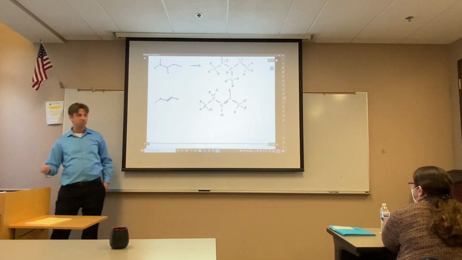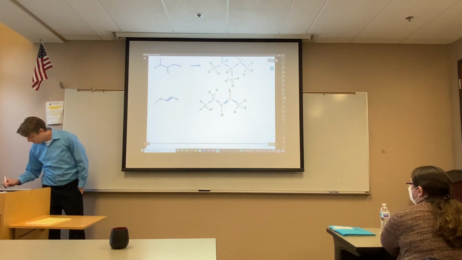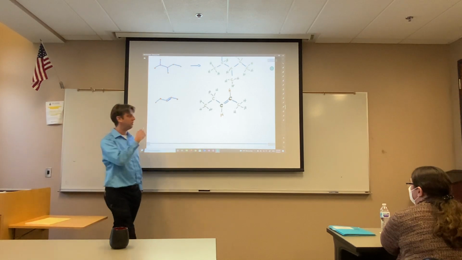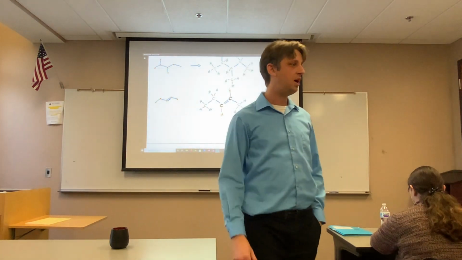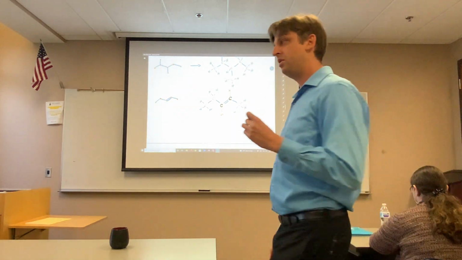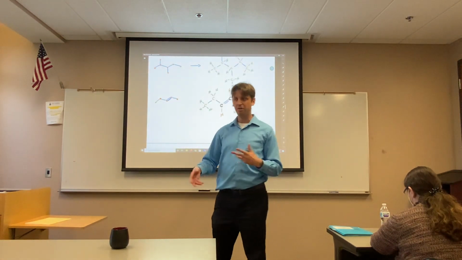What's the hybridization of my orange carbons? sp3, right? What's the geometry of all my orange carbons? Tetrahedral. What are the angles there? 109.5. What about for the black carbons?